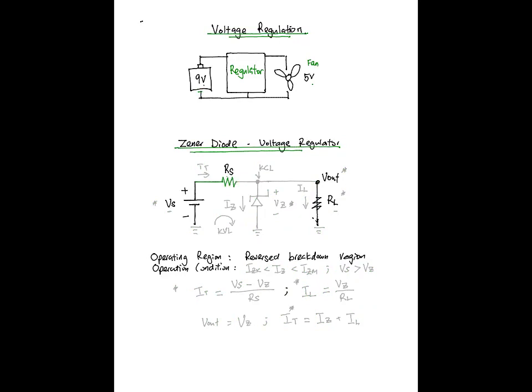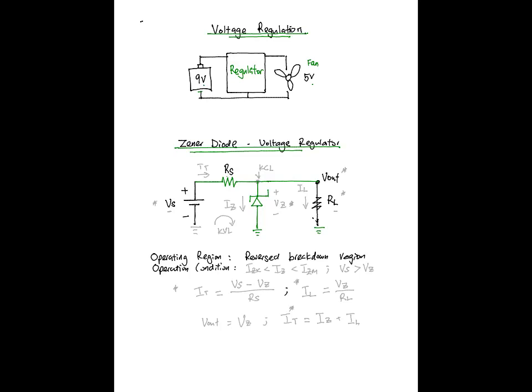It has a series resistor, and together with it, the Zener diode is connected in the reverse connection, and it is actually connected in parallel to the load resistor.